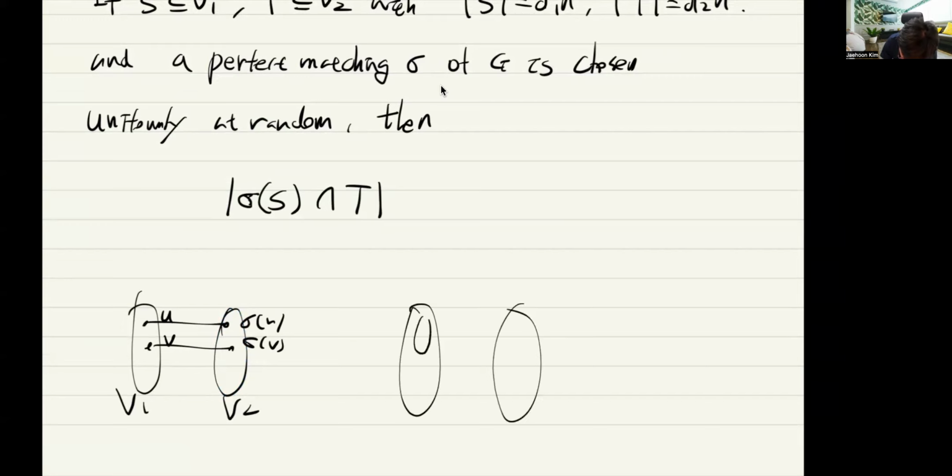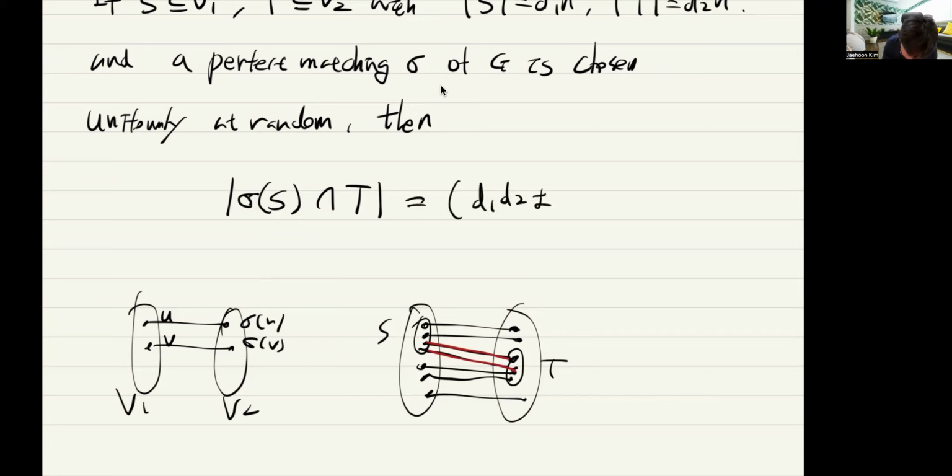And if you have F and T, and some could be mapped between and some could be mapped outside, you only count the number of edges between S and T, then it's almost as expected, almost as the expectation, and the probability is at least 1 minus C to the n.